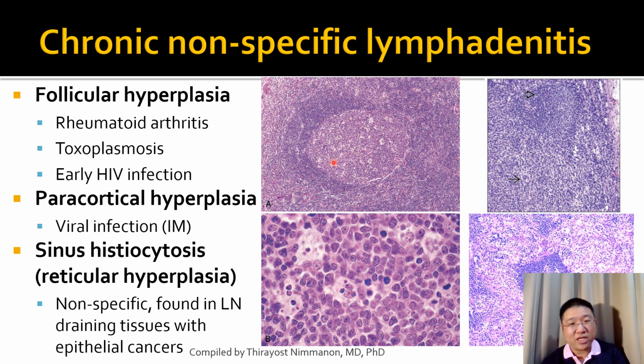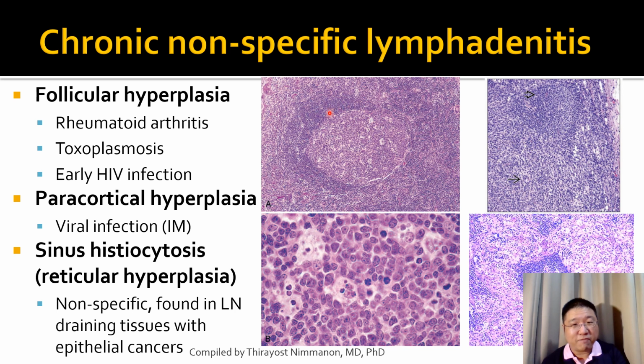The first picture demonstrates enlargement of the follicular area. We see that this secondary lymphoid follicle has the clear-cut zone of the germinal center, which shows a starry sky pattern, right? So this one is likely to be a benign lymphoid follicle because it has a clear-cut boundary and it shows a starry sky pattern.